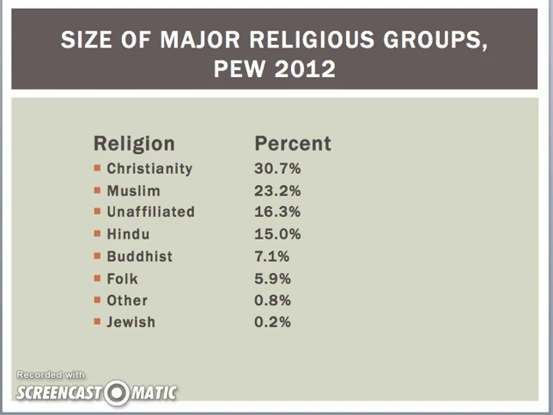So if I were going to be doing a study using this set of percentages, I would take my population, divide my strata according to these religious groups, and draw 30.7% of my survey from the Christian group, 23.2% from the Muslim group, 16.3% from the unaffiliated group, and so forth.